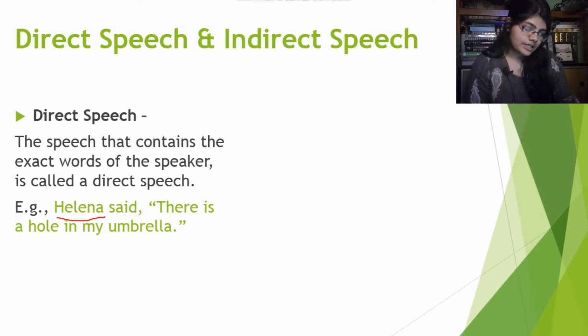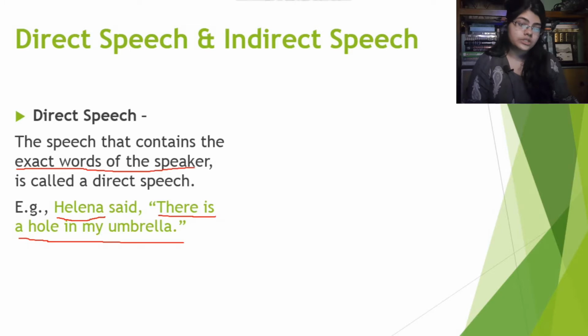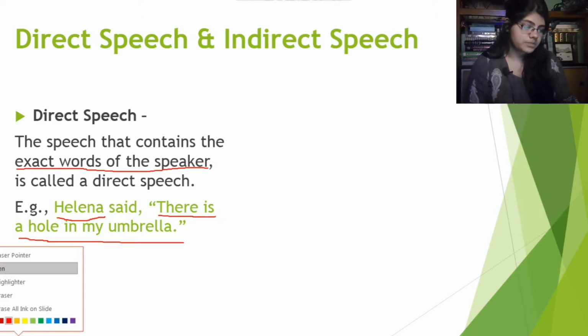She is saying that there is a hole in my umbrella. So, according to the definition, the speech that contains the exact words of the speaker. This is important. This is the direct speech. Here, the exact words of the speaker will be present, that is, in this example, there is a hole in my umbrella. So, this is the example of a direct speech.